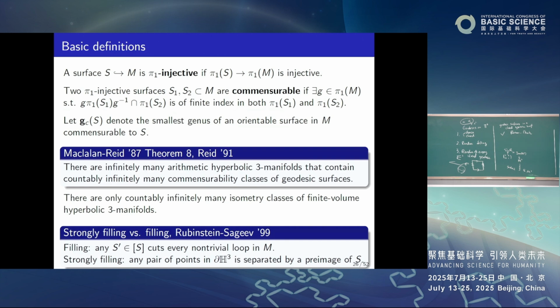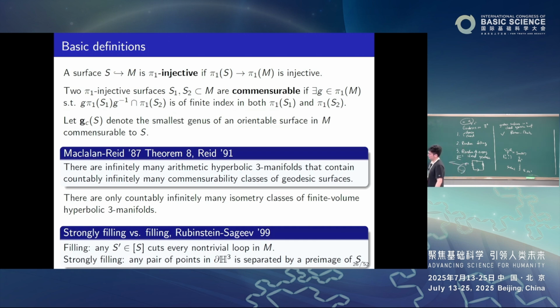Take any non-trivial loop. My surface is going to cut that. Okay? So if you think about the picture in the first slide, where I have a fitting geodesic on a hyperbolic surface, that is an example of a fitting homotopy class. Because no matter how you homotope the geodesic or not geodesic, they are going to intersect. Okay? So that's called fitting.